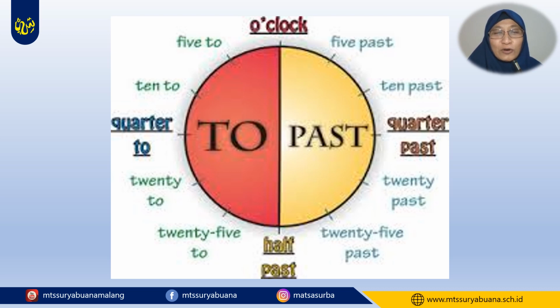Because between two numbers, from number 12 to 1, there are 5 little sections, remember? So we read this as 5 past.